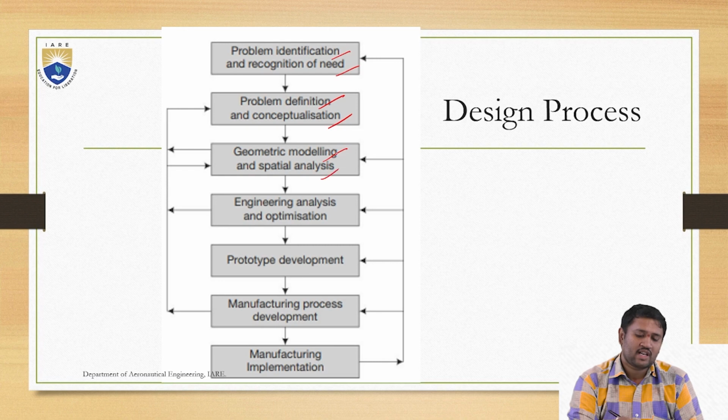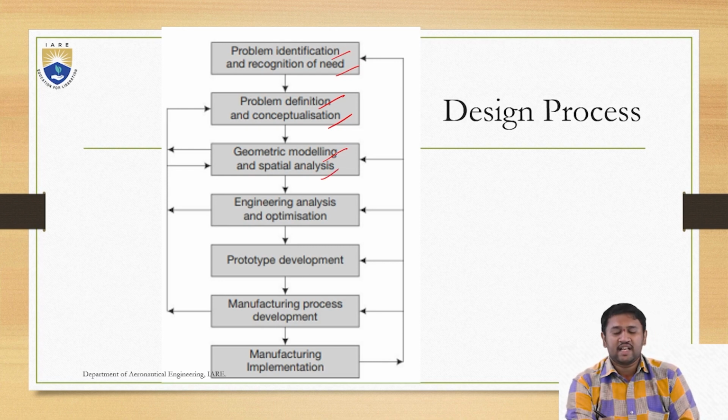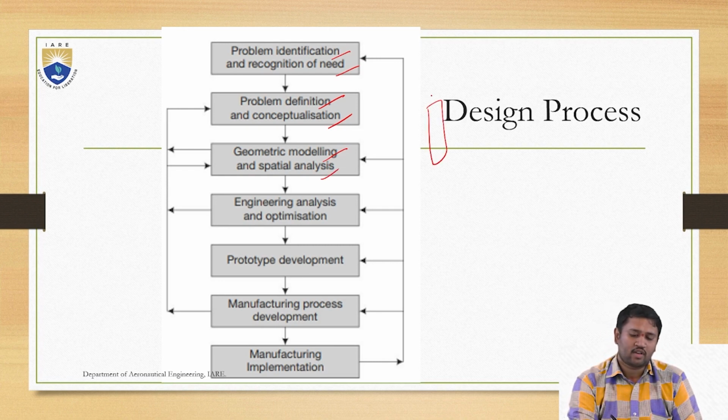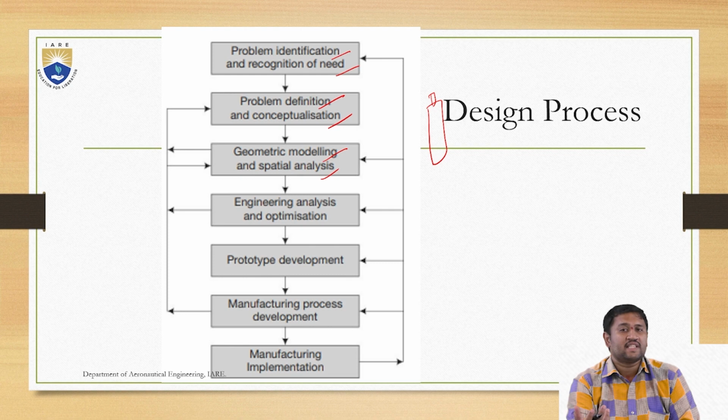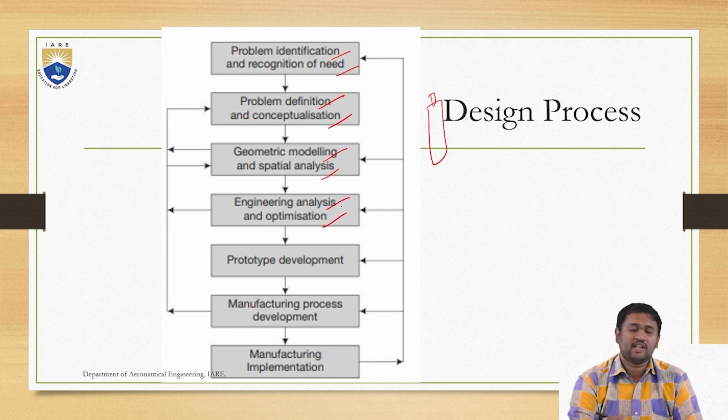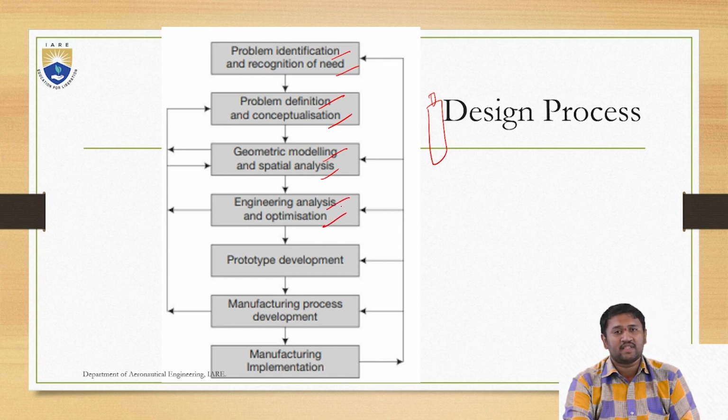Next, geometric model and spatial analysis. You are creating a geometric model of your bottle, how it's supposed to look, and you are creating a preliminary analysis of whether this is feasible or not. Not the engineering analysis, it's a preliminary analysis. Next, we will be performing engineering analysis as well as optimization.